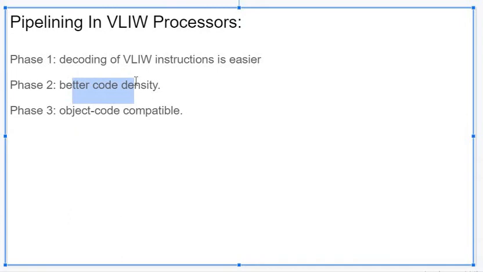Code density is better because if we don't have VLIW architecture, to write z equal to a plus b plus c plus d we need m equal to a plus b, n equal to c plus d, z equal to m plus n. So here it becomes 3 instructions: temporary 1 a plus b, temporary 2 c plus d, final answer z equal to temp 1 plus temp 2. But because of VLIW, the final answer z equal to a plus b plus c plus d is one instruction, so you can expect code density is good.